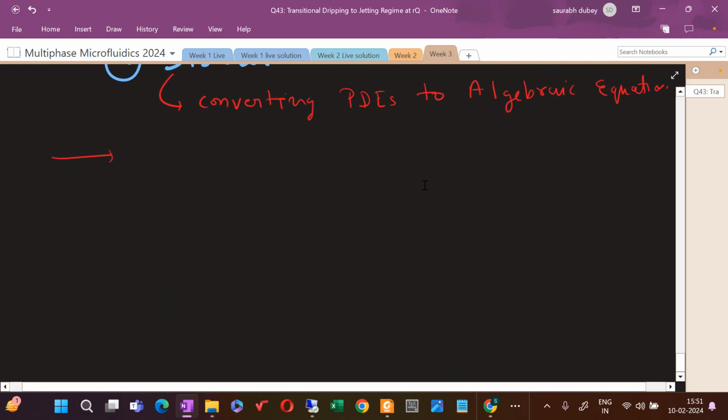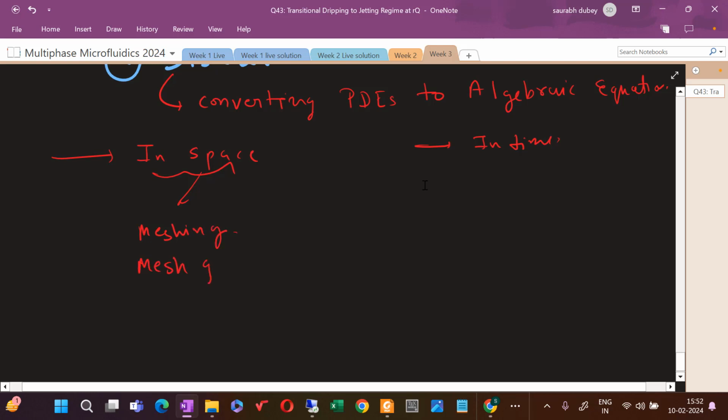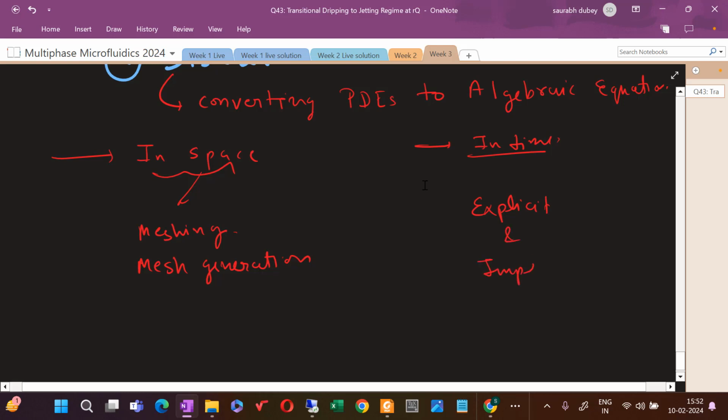This discretization could be done in space or in time. In space it is done through meshing, like mesh generation. In time you can do it with explicit and implicit methods. There are different methods. Okay, so that's the one thing.